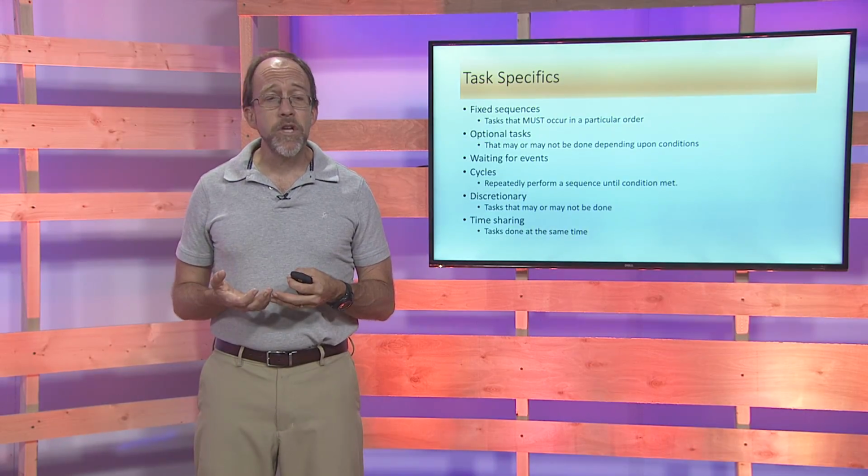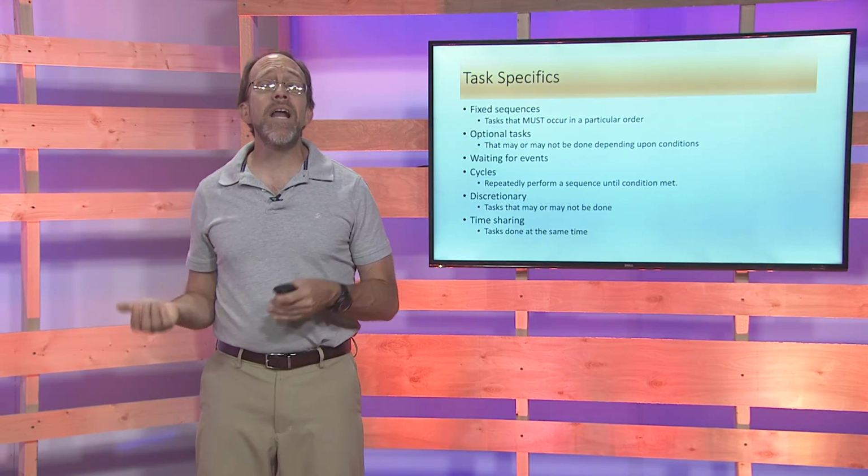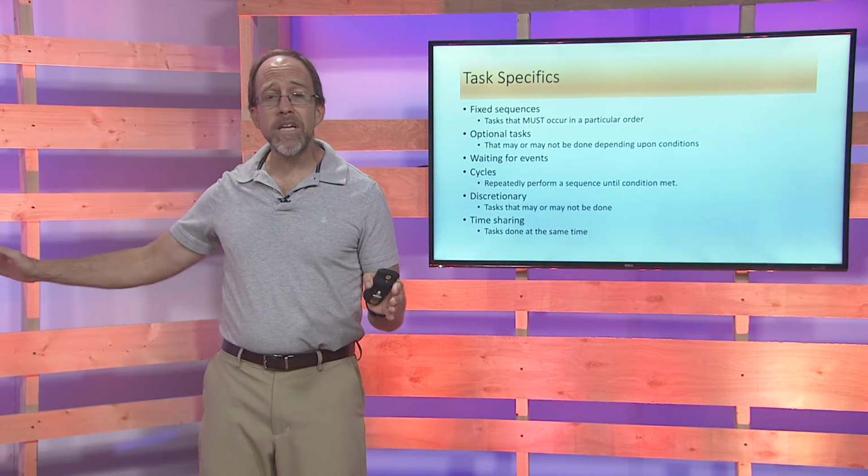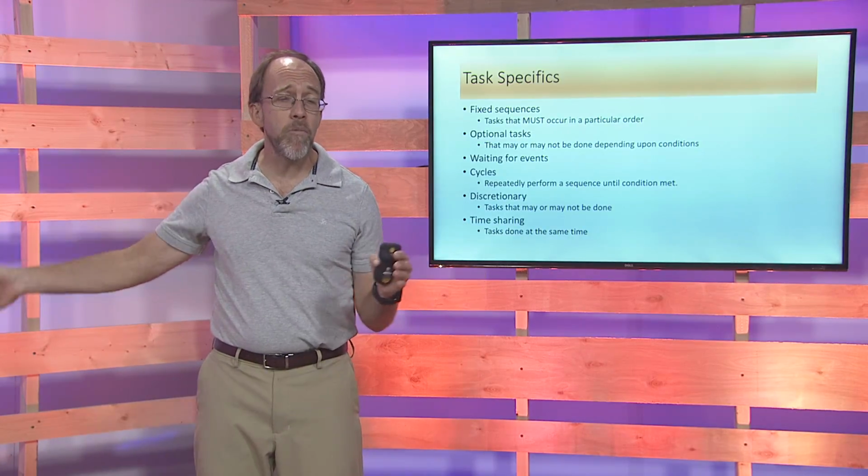You've got tasks that you may or may not have to do. They're optional. Remember, when you're documenting these tasks, you need to denote that these are optional some way. You may have tasks where event A is occurring, event B is occurring over here, but you can't have B go before A goes. And they may not even be in the same sequence. You have tasks that get repeated. They're cyclic tasks.